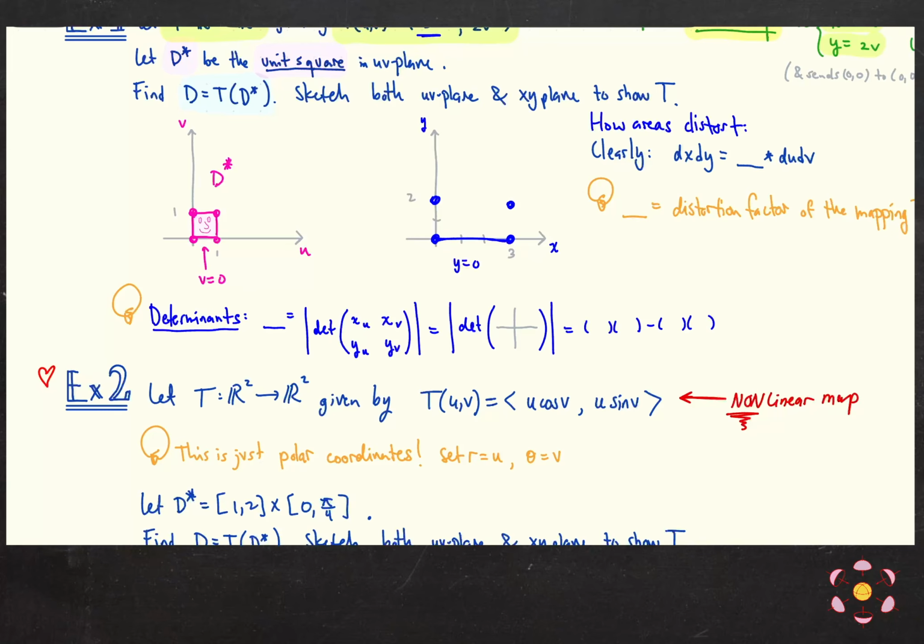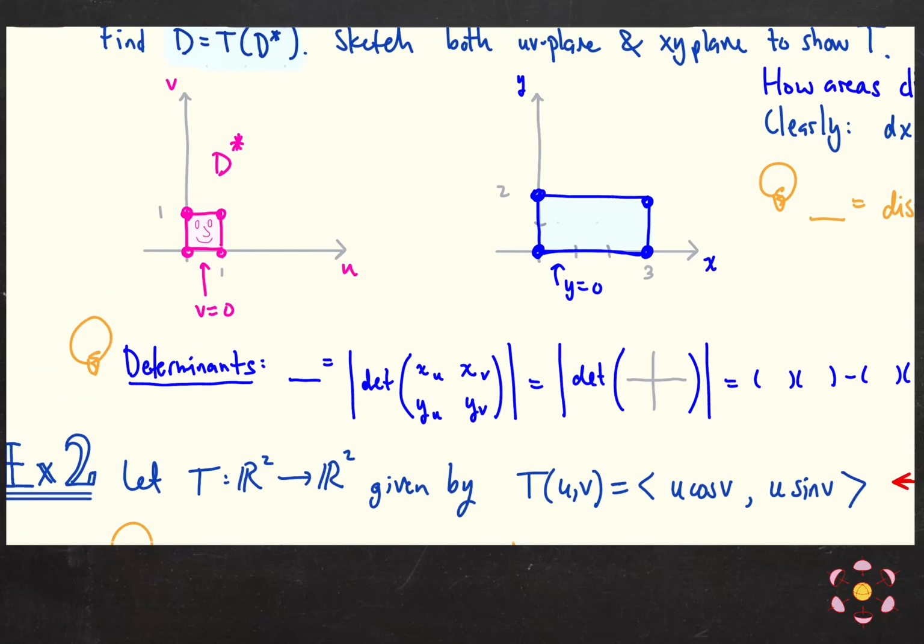You can just check that all of the boundary curves get sent to the boundary curves in a similar fashion. And again, this example is pretty easy, so I'm not going to do all of the details here. What we're going to get is this stretched rectangle. So what happens to the face?